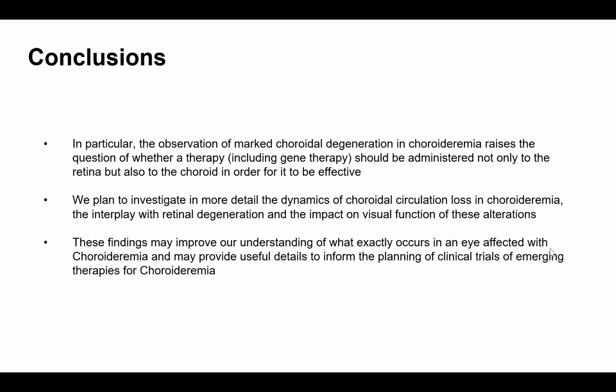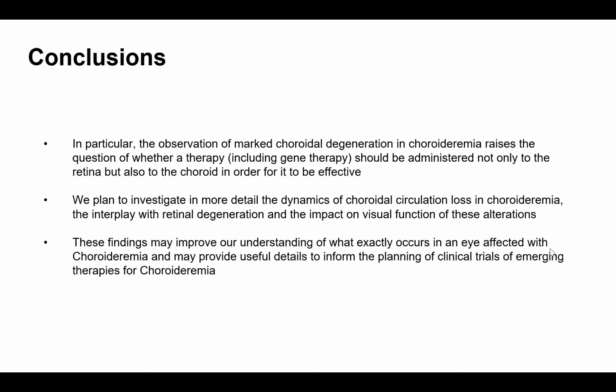In particular, the observation of this marked choroidal degeneration in choroideremia, which is a striking difference between choroideremia and retinitis pigmentosa, raises the question of whether a therapy, including gene therapy, should be administered not only to the retina, but also to the choroid in order for it to be effective.